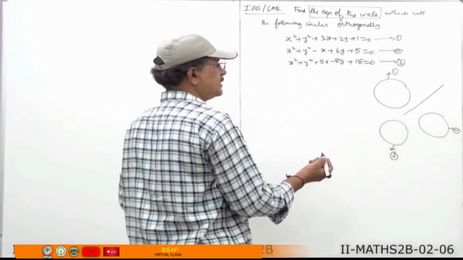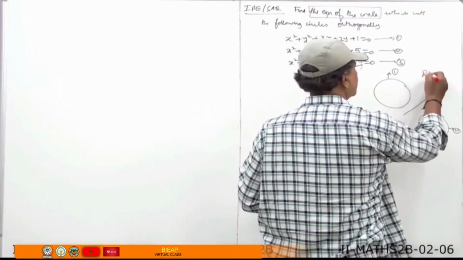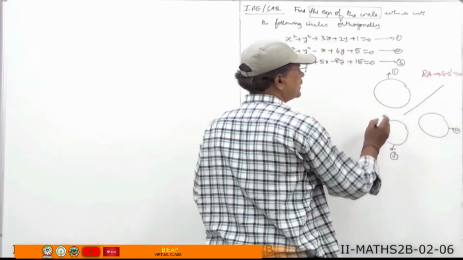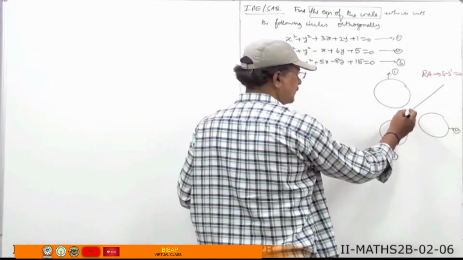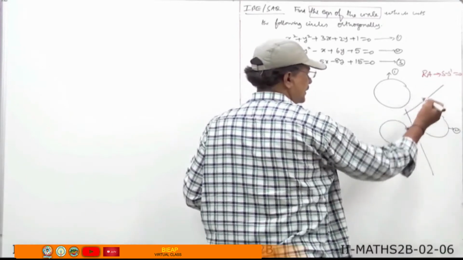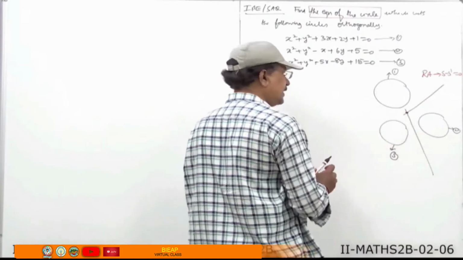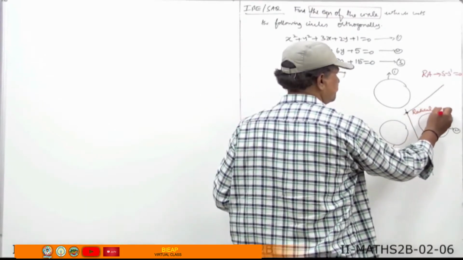The radical axis is given by s minus s dash is equal to 0, that is nothing but 1 minus 2. Then you find the radical axis of 2 and 3, that is s minus s dash is equal to 0. Then we find their point of intersection, which we call the radical center.